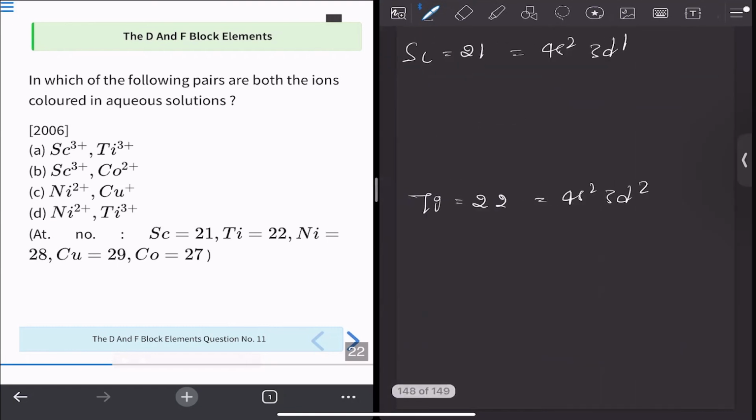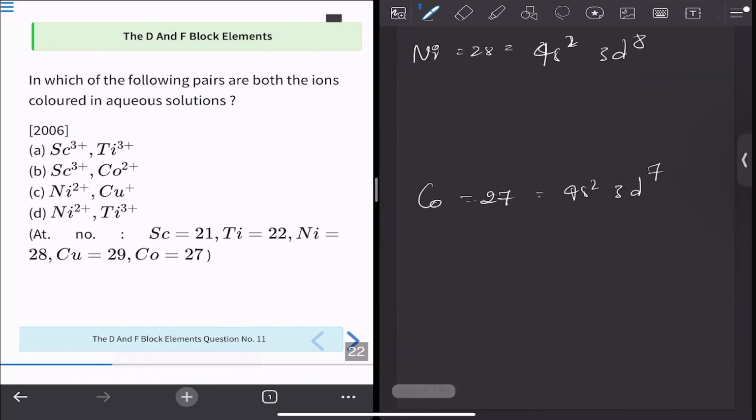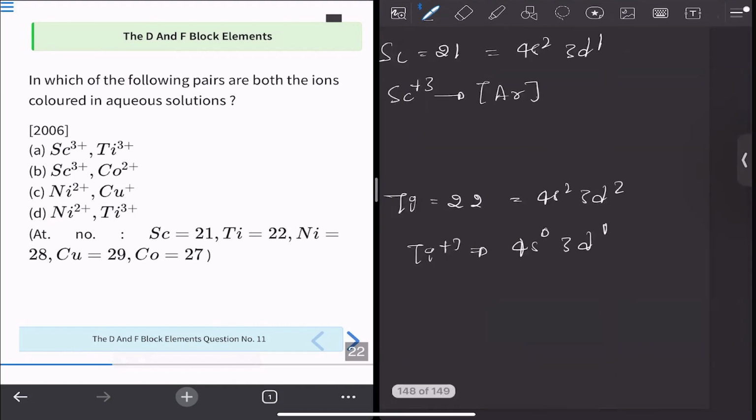So considering Sc plus 3, there will be only argon configuration. If it is titanium plus 3, there will be a 4s0 3d1 configuration.